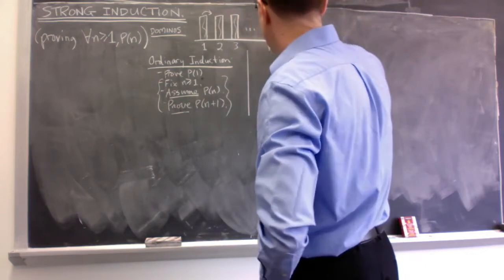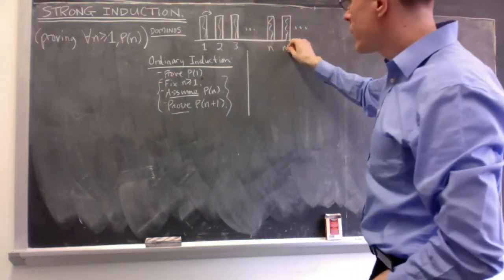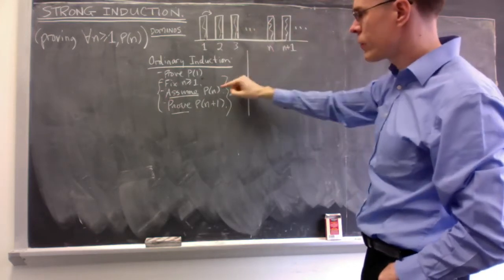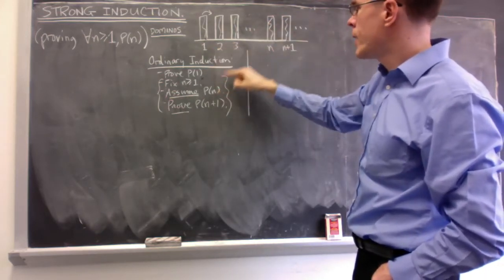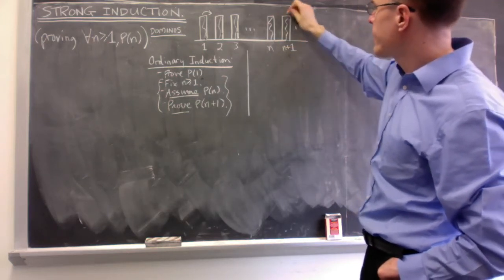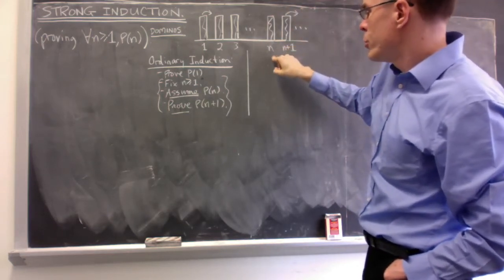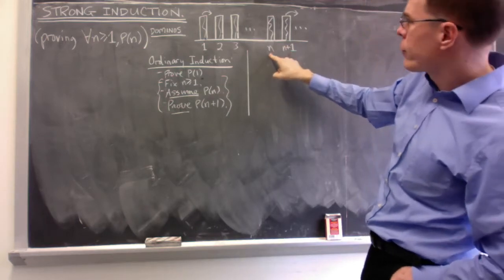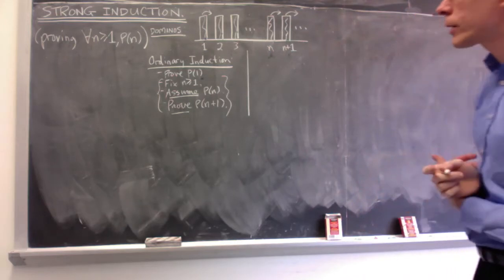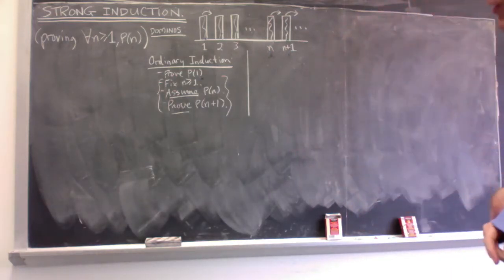And in general, by the time you get over here, the idea is that the statements are somehow being proved in order, in some sense. And by the time you get around to trying to prove P of n plus 1 and make that domino fall down, you've already gotten to n earlier, so you may as well assume you already have that domino having fallen down. That's the intuition anyway.